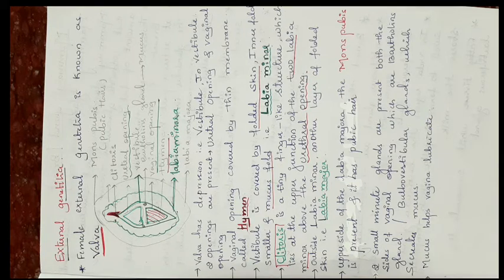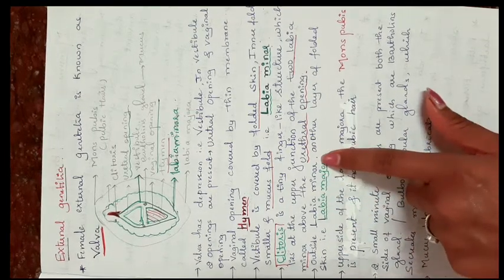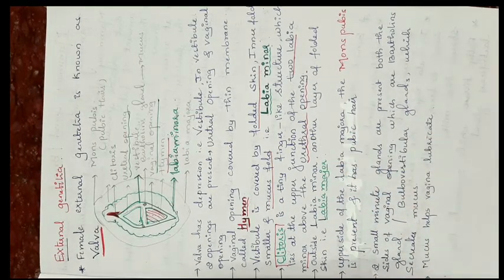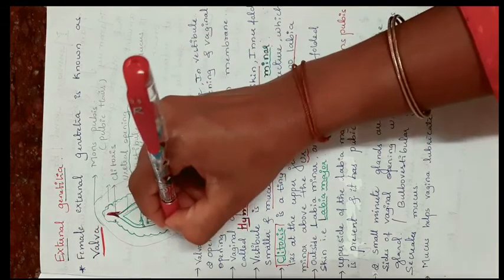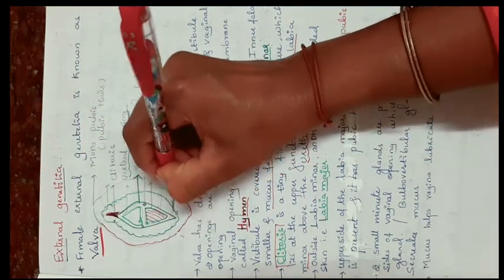Remember this. Next, outside of the labia minora another layer of folded skin is present. I already discussed that two layers of folded skin are present. The first one is the labia minora, the second fold is called the labia majora.